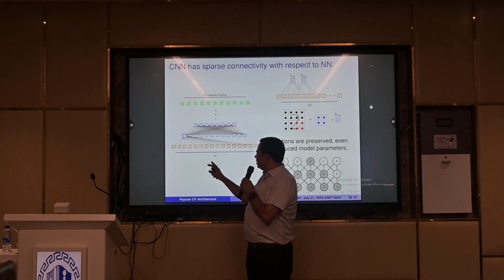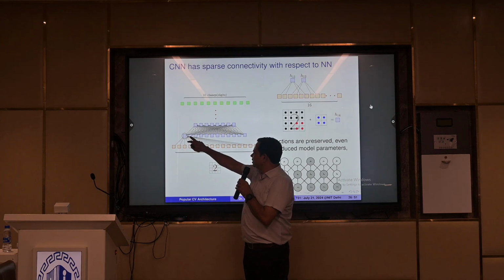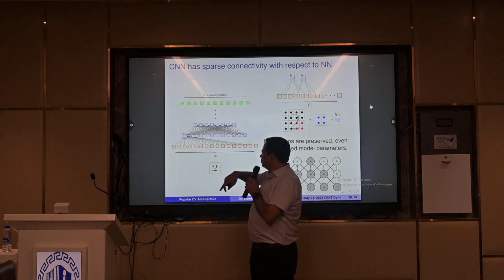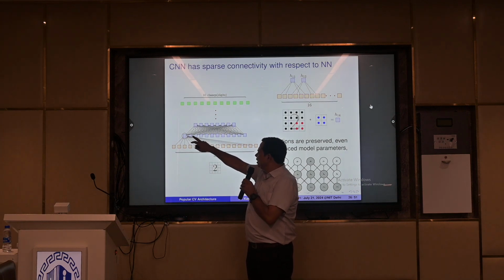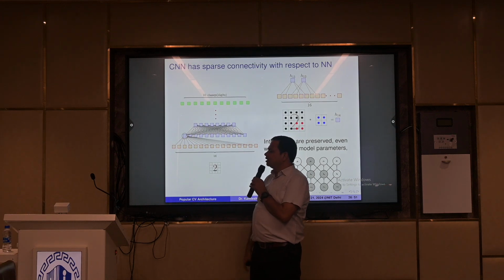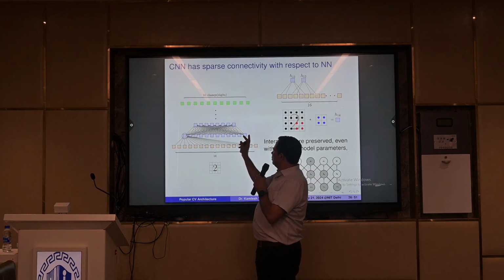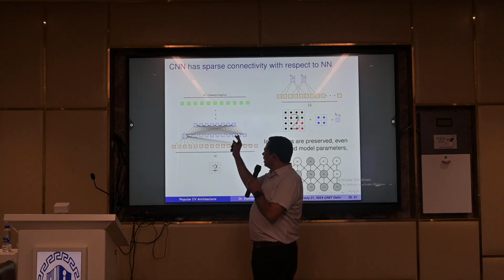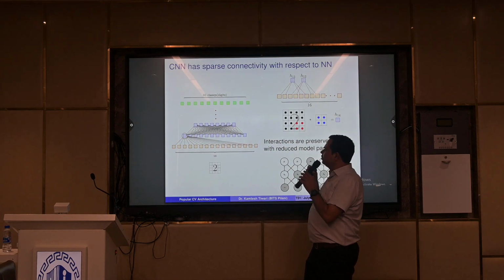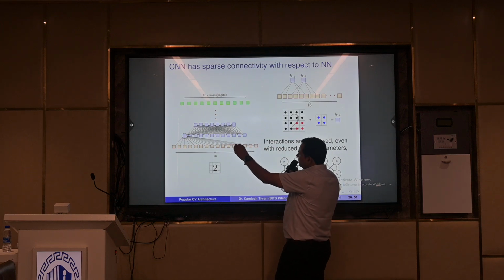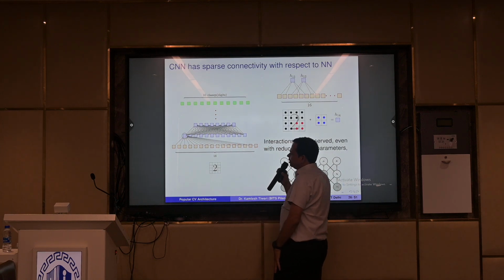If it is a 2 cross 2 filter, it is applied on these 4 values. You can think that it is connected to only these 4 values. Then the next value is coming from these 4 things. So you can safely assume that these are neurons in a neural network which are connected with very few items, not with all.